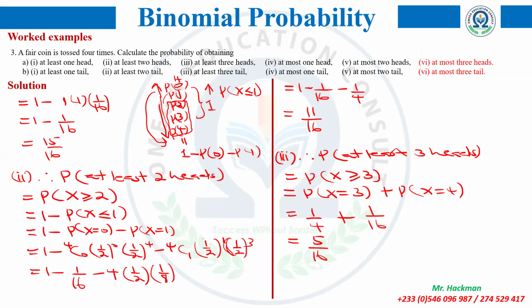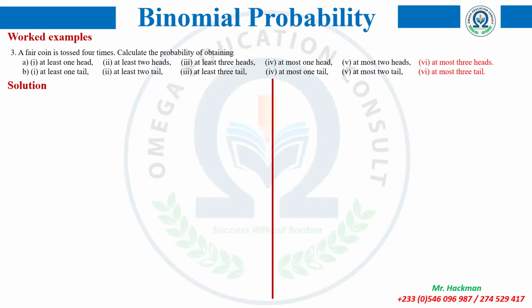Now let's move on to IV, which involves another adjective. IV, therefore, P, probability of obtaining at most 1 head.